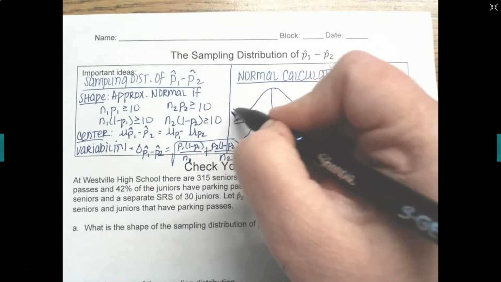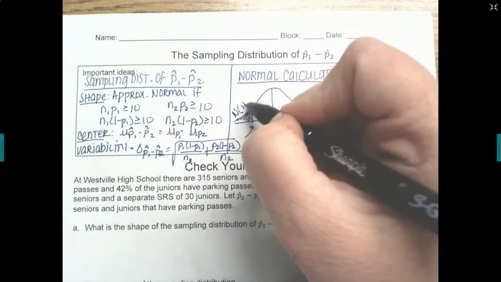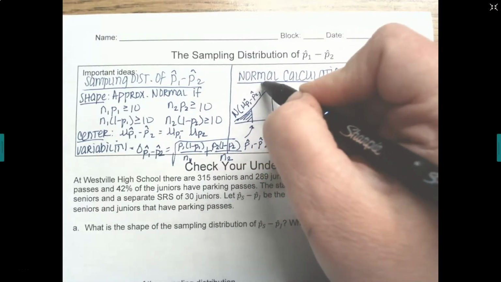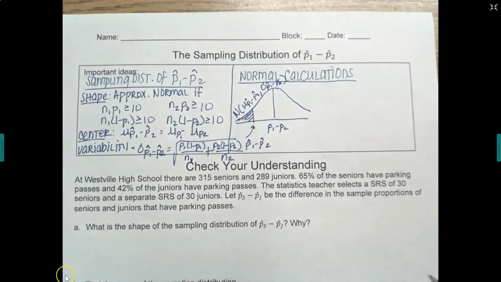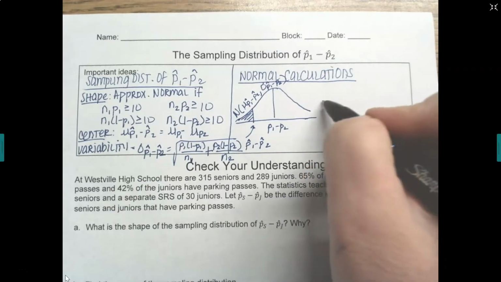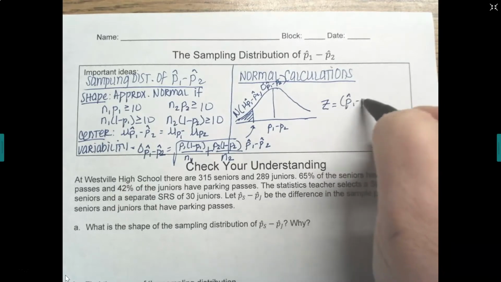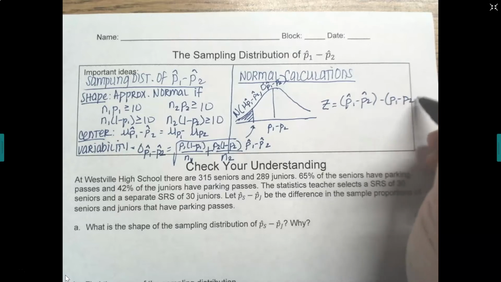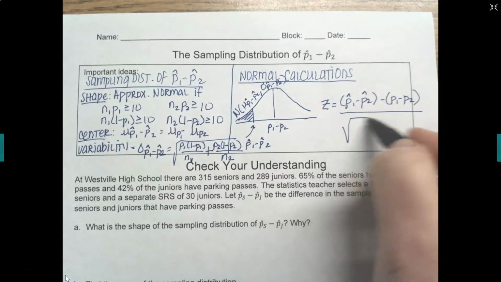You also need to have the n with the mean, and the standard deviation. Okay. Once you've drawn it, you can run your z-score and find the appropriate area.